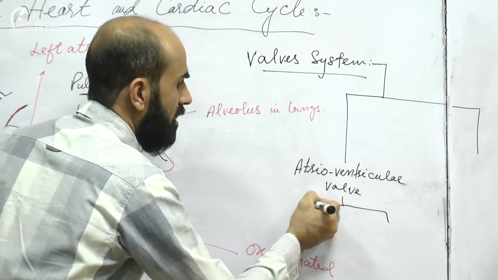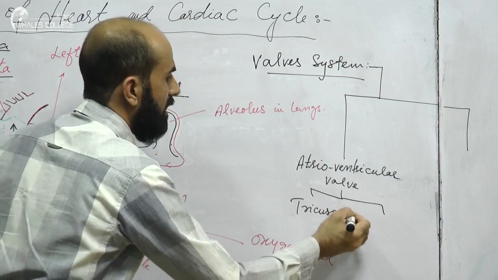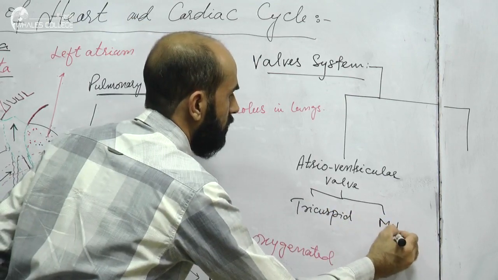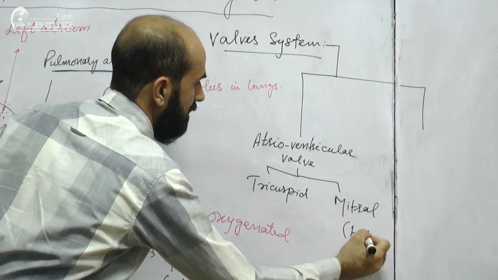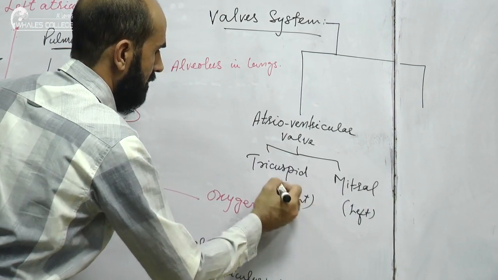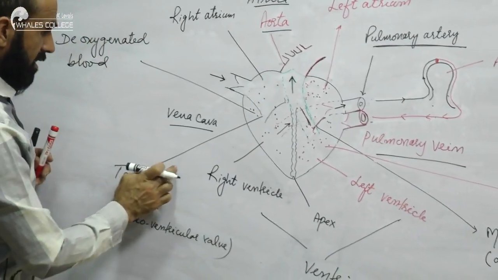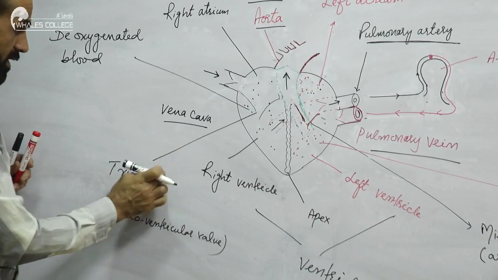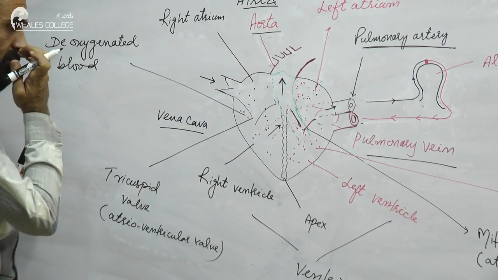One is called the tricuspid valve, and the other one is called the mitral valve. One is on the right side and the other on the left side. This is the tricuspid valve, you can see it labeled here, connecting the right atrium with the right ventricle.